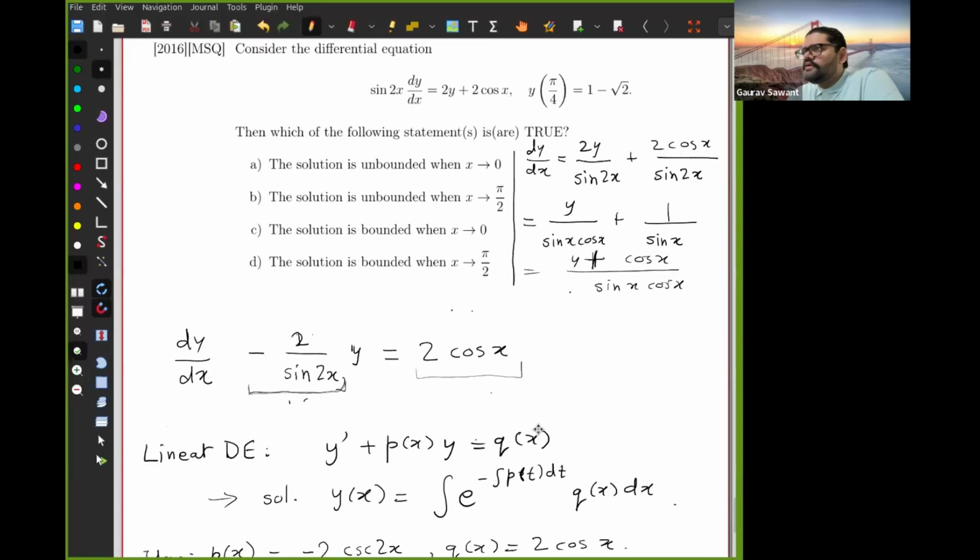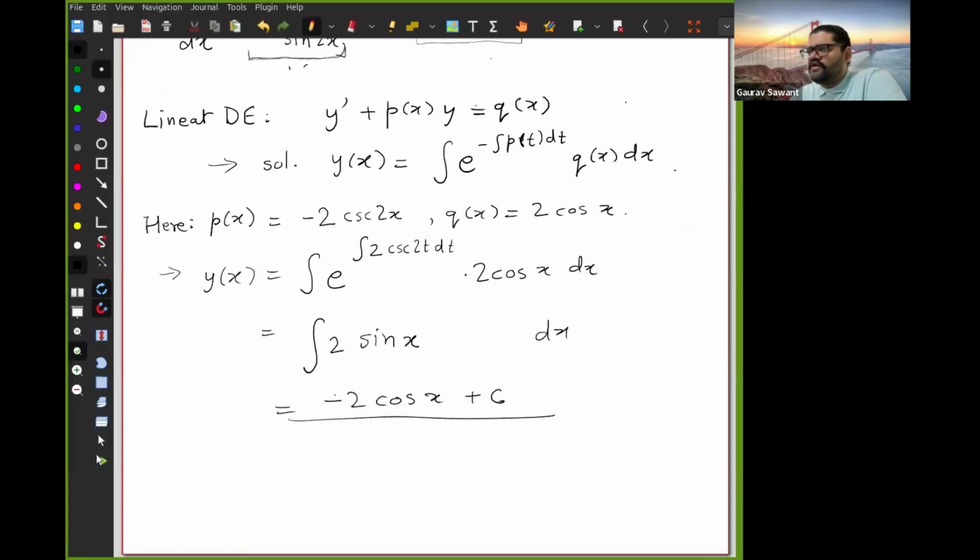Right. And I just have y of pi by 4 equal to 1 minus root 2. Let's just substitute that. Minus 2 cos pi over 4 plus c equal to 1 minus root 2.